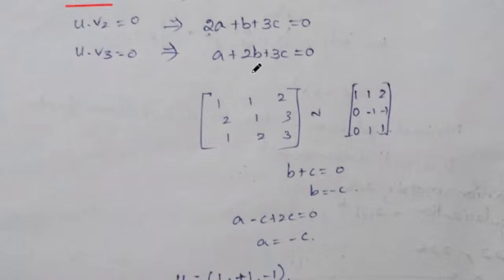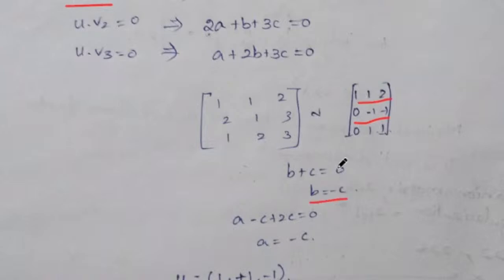I'm writing this in matrix form: rows 1, 1, 2; 2, 1, 3; 1, 2, 3. I'm reducing it to row reduced echelon form. I keep row 1, which is 1, 1, 2; with R2 minus 2R1, I'll get this row; R3 minus R1, I'll get this. From this, I can say b plus c is equal to 0. That is b equal to minus c.